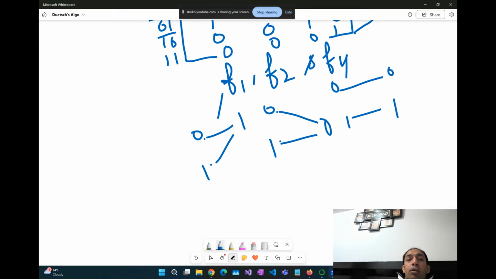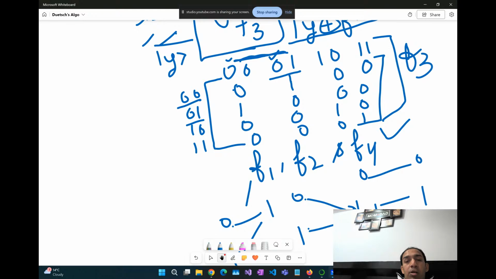So this matrix will be different for each and every function. So this matrix will have different values. When I was studying this topic, I calculated this matrix for all possible functions f1, f2, f3, f4.